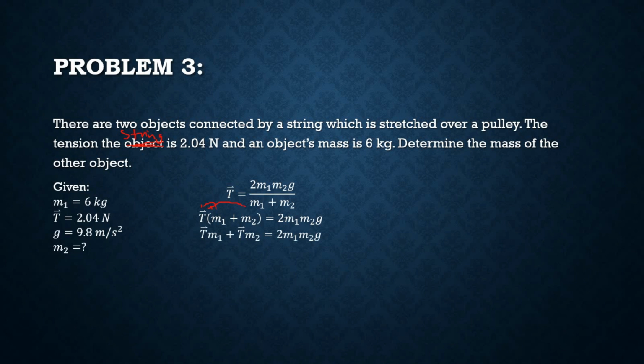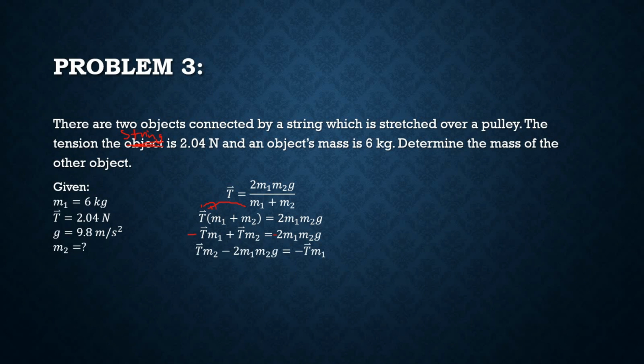After that, by the addition property of equality, you move tension times m sub 1 to the other side, which will make the sign of tension negative, and then you move the 2 times m sub 1 times m sub 2 times gravity to the other side, which changes its sign to negative. So after that, this will be the equation.